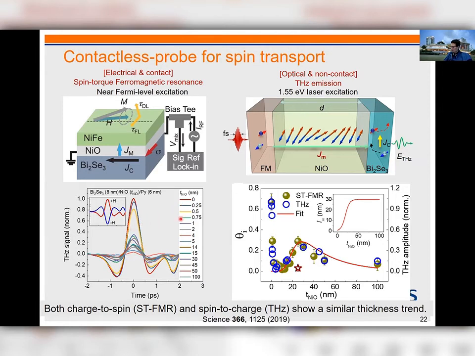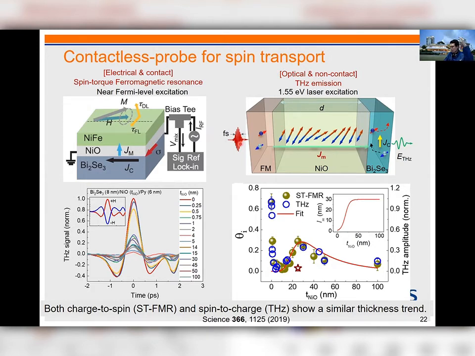And once we summarize those data, you can see this open circle shows the terahertz intensity, which matches quite well with that of STFMR. So we can confirm near Fermi level, low energy excitation. In this case, we inject charge current and convert it to spin current. And at the same time, we use a very large energy, 1.55 electron volt laser excitation.